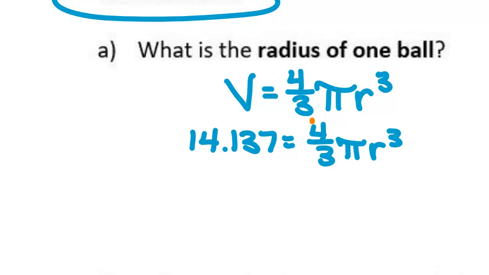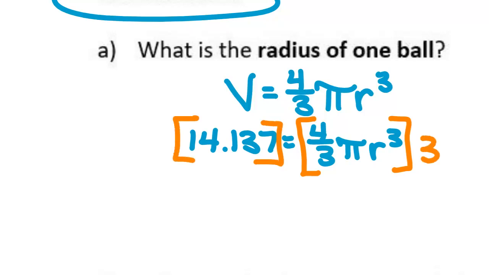So the first thing I need to do is deal with this horrible fraction here. How do we get rid of fractions? Multiplication. A fraction means division, so I get rid of it with multiplication. What part of the fraction do you multiply by? The denominator. So what are we multiplying by? 3. So let's multiply both sides by 3. I'm going to cancel that out.